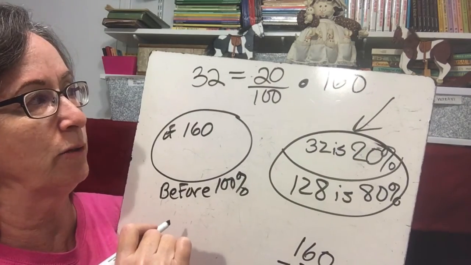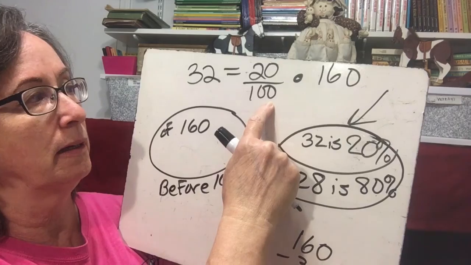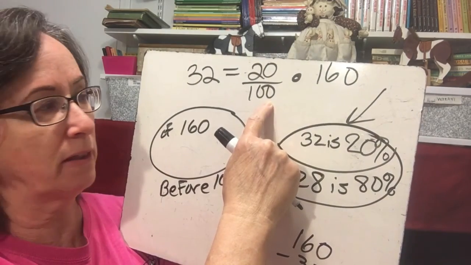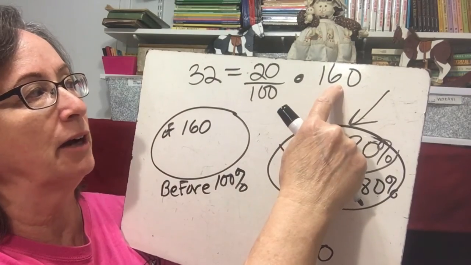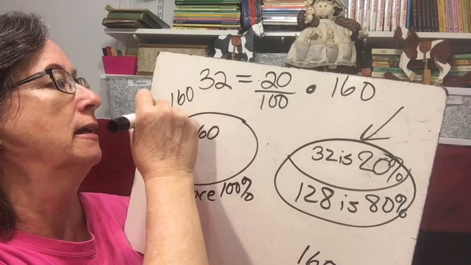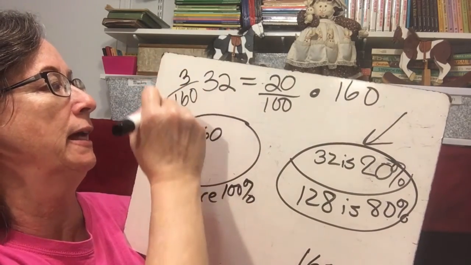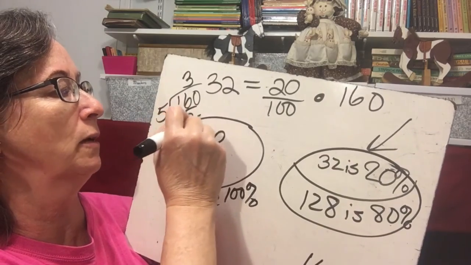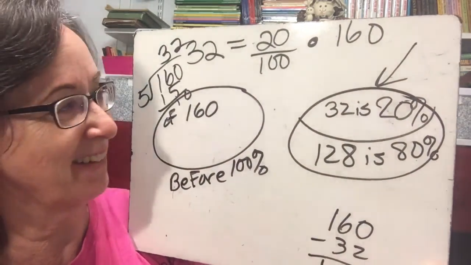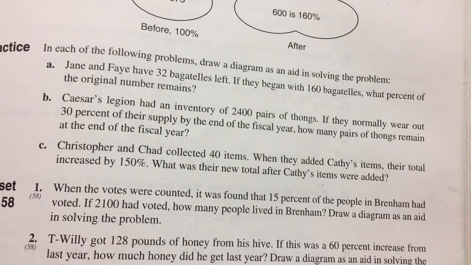Okay, so when I do the math, this is 1/5, and 1/5 of 160. So 160 divided by 5 is going to go 3 for 15, 102. And it works.